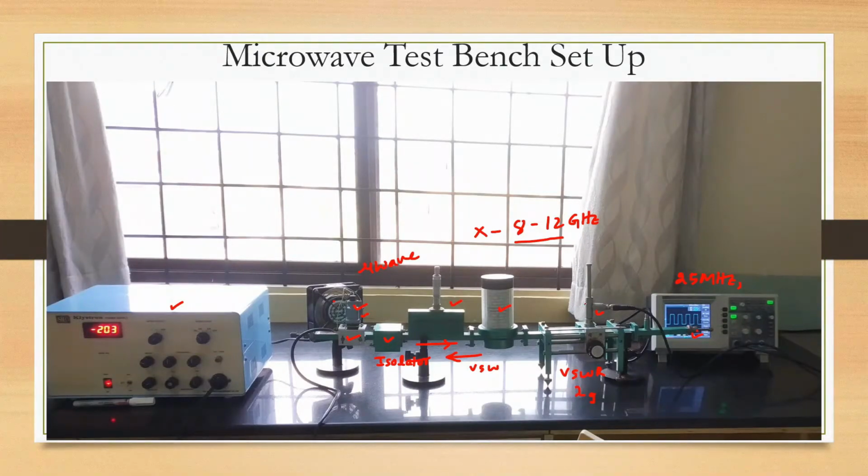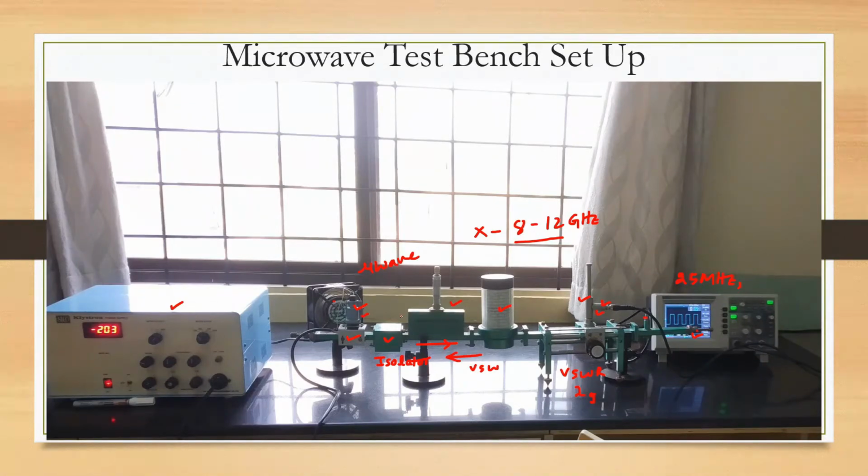Similarly here, this has another output. If you are measuring these two, you will connect the CRO probe over here, and if you are not measuring VSWR or lambda G, then you can connect it over this point. Inside this there will be a crystal diode for detecting the microwave signal.